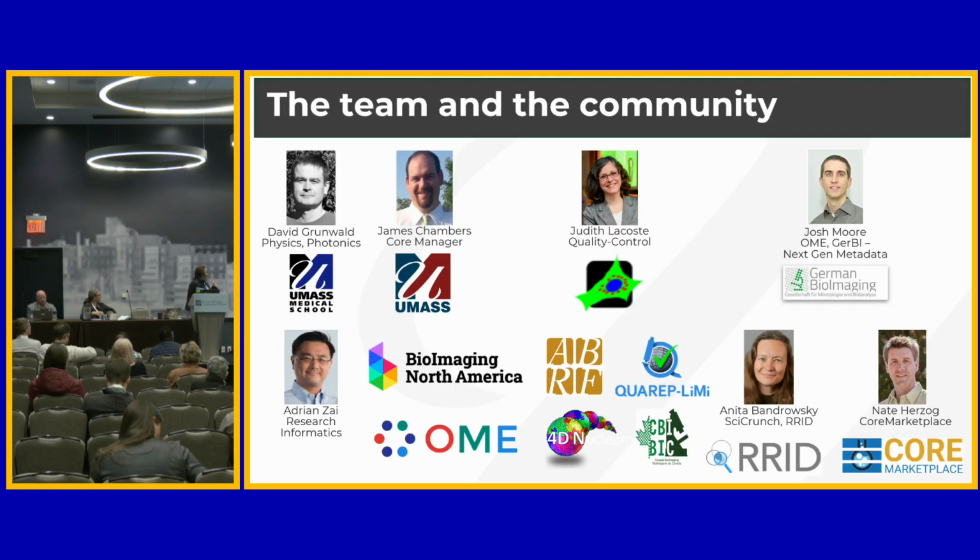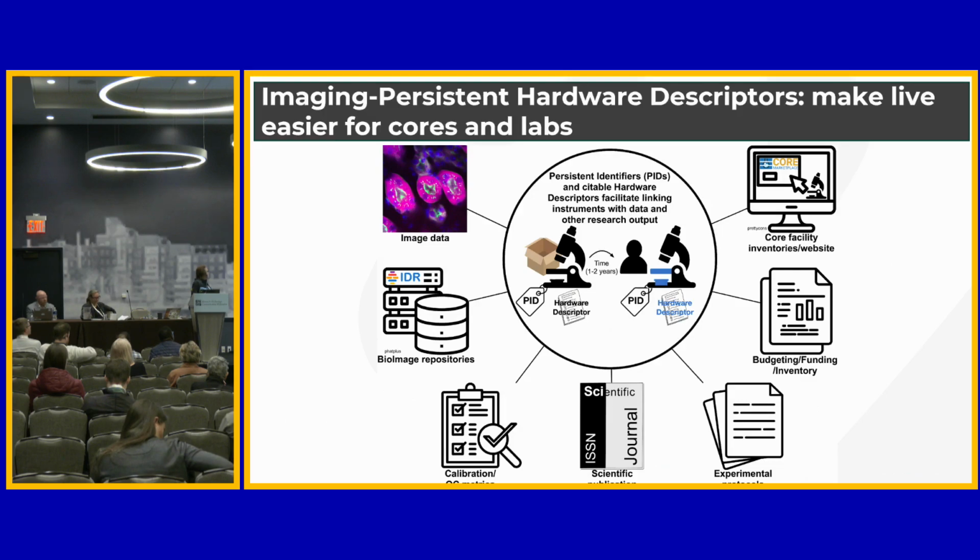And so basically, we brought together this team to develop a plan that we call imaging PHD, imaging persistent hardware descriptors, that allow us to tag each instrument with the PID and then associate with it persistent descriptors of this instrument so that all of these different other pieces of information can be kept linked to each other.